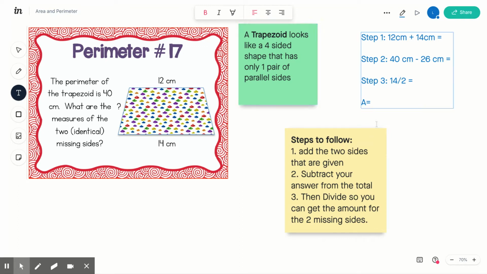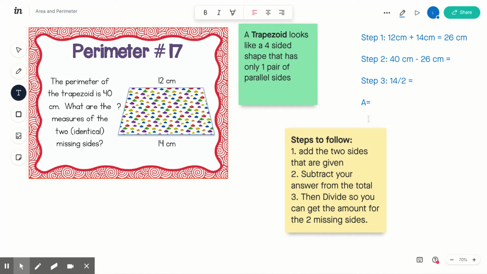All right, so here's the steps that we want to follow. Add the 2 sides that are given. So they gave us the measurements of 12 centimeters and 14 centimeters. So here's our step 1. So I'm going to add 12 centimeters plus 14 centimeters, and that should come to 26 centimeters.